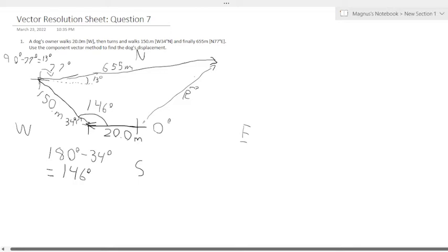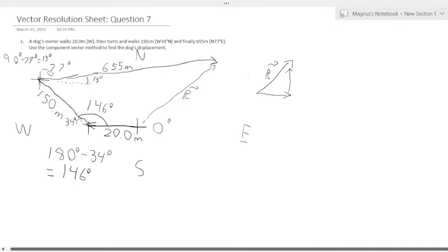And all the component vector method is, for any vector, we use trigonometry to find its x component and its y component. If you know this length right here, I'll just put that as r, as a vector.